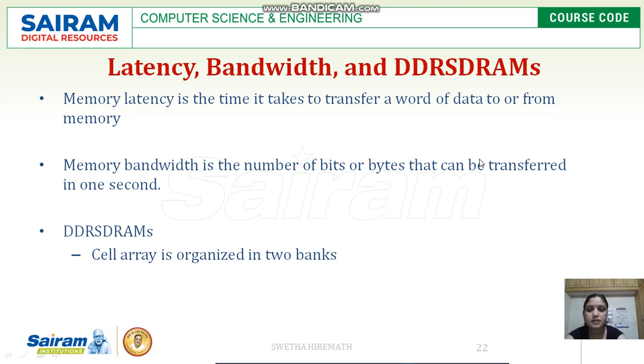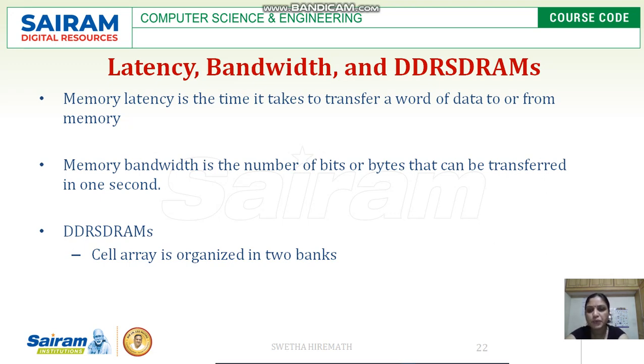Then, moving on to the latency, bandwidth and the DDR SDRAMs. First, let us know about the latency. Latency and bandwidth are the two parameters which have to be analyzed when we are talking about memories. So what is memory latency?